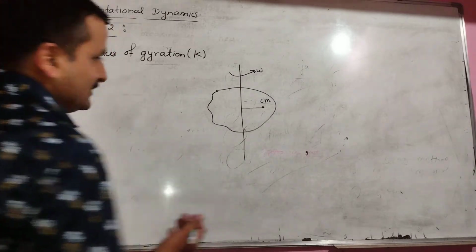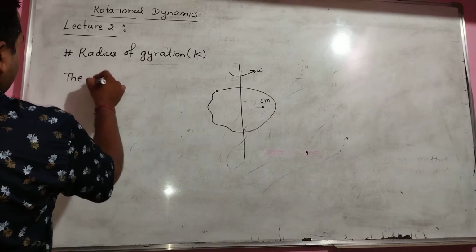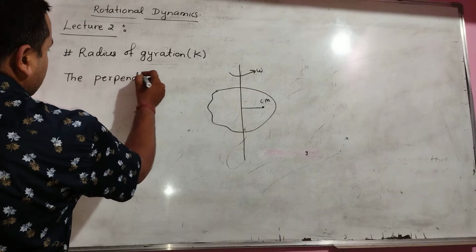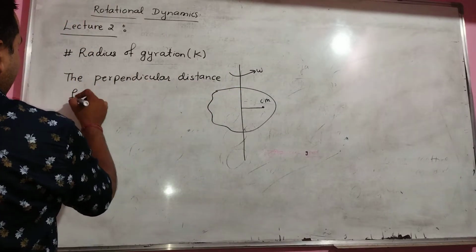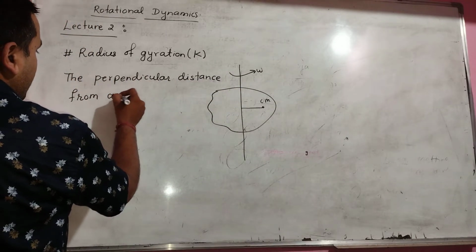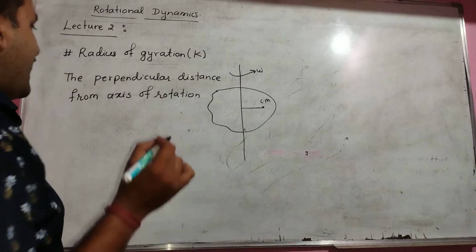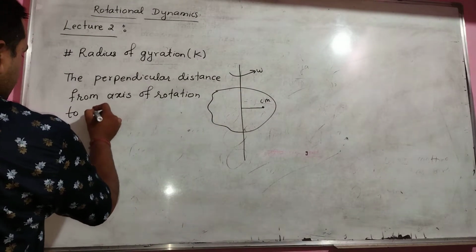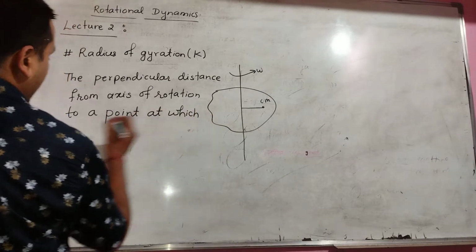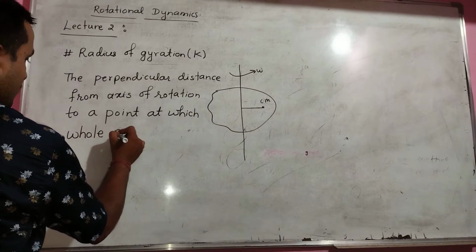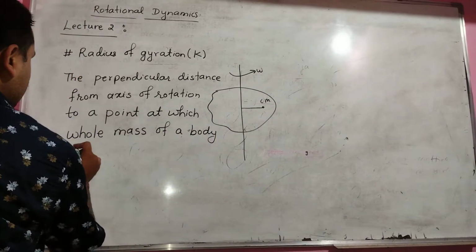So let us write how we can define this. The perpendicular distance from the axis of rotation to a point at which the whole mass of a body is supposed to be concentrated.